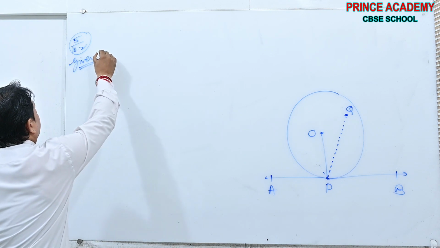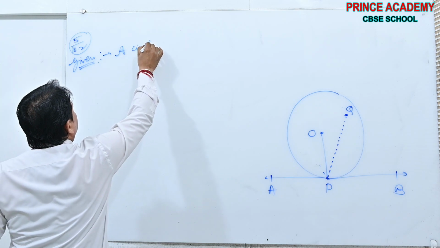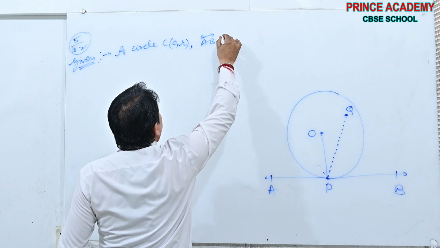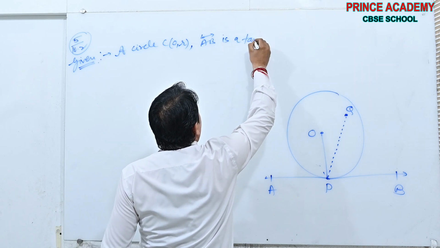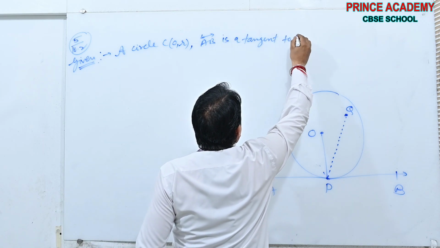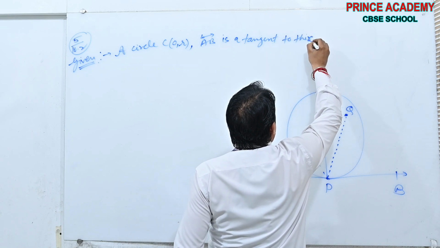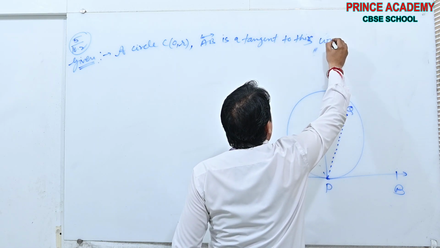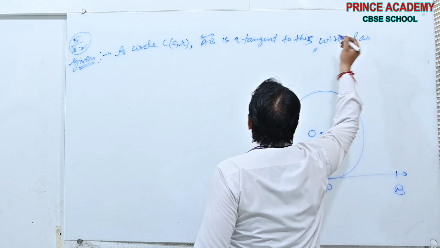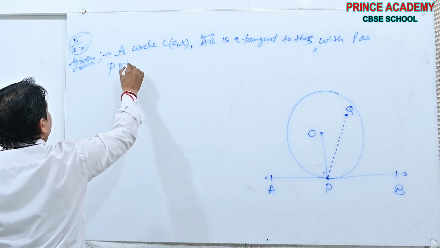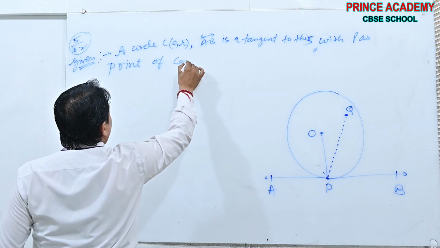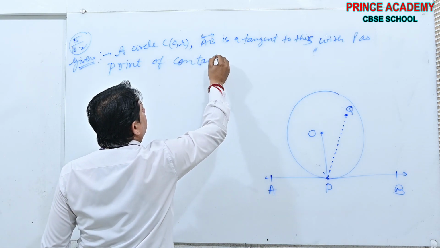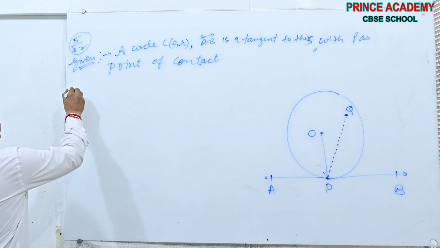Given a circle with center O, AB is a tangent to this circle, with P as the point of contact. Point of contact. Yes or no, beta? Done.